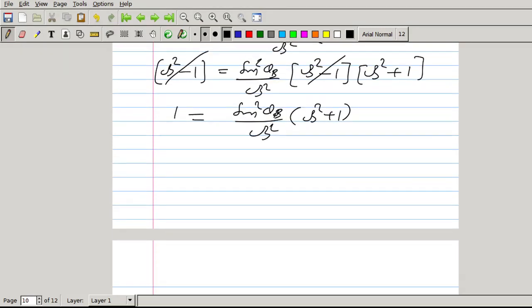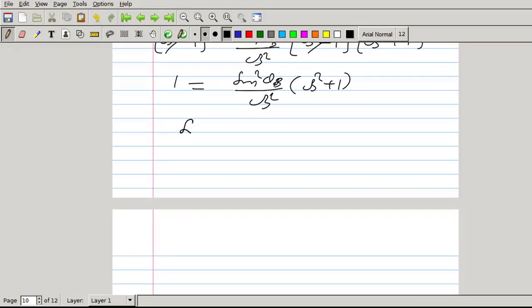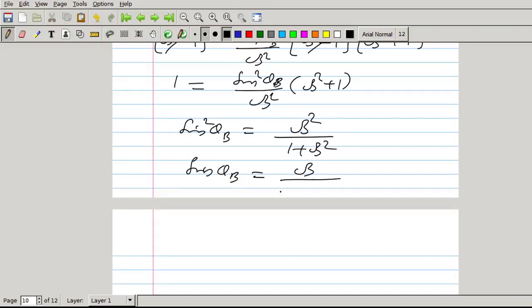From that calculate sine square theta b. Sine square theta b equal to beta square by 1 plus beta square. For sine theta b equal to beta by root of 1 plus beta square.